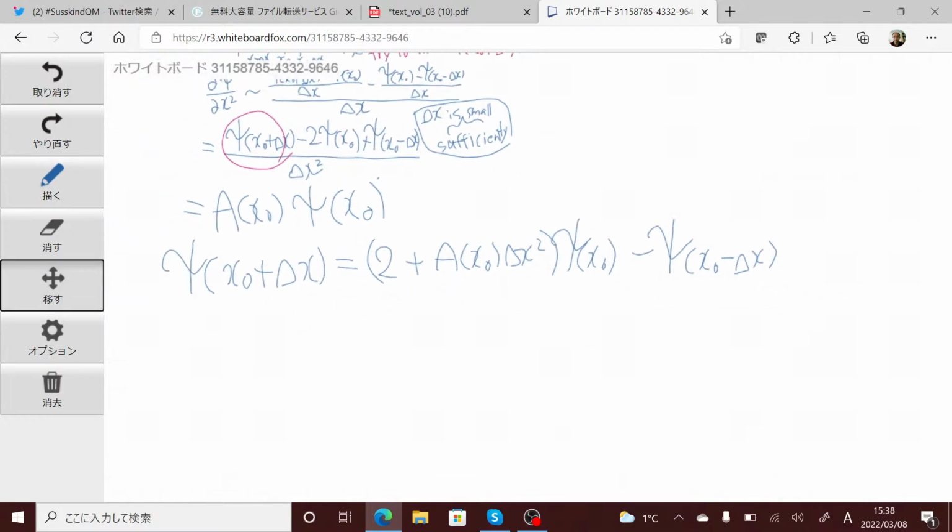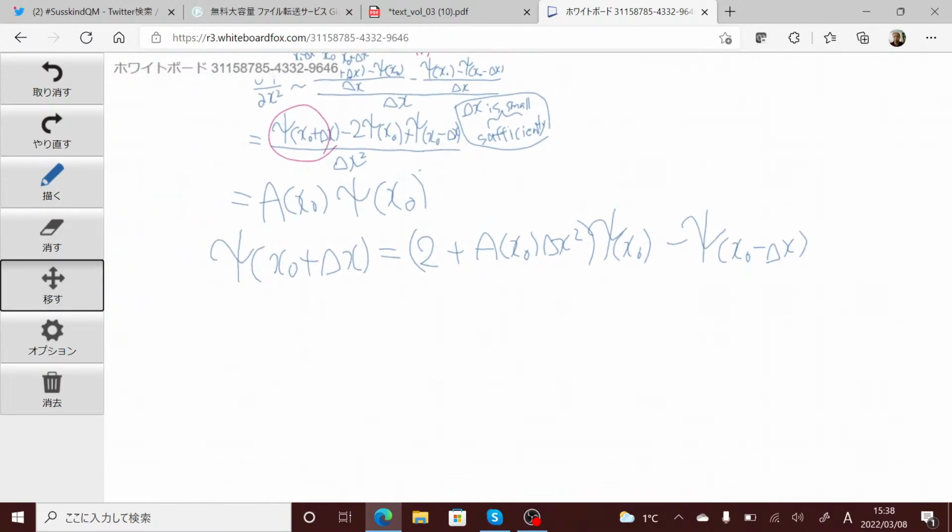Is this correct? I think this is correct.